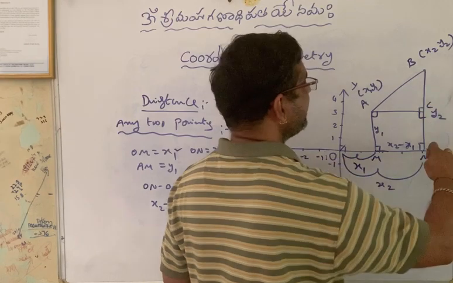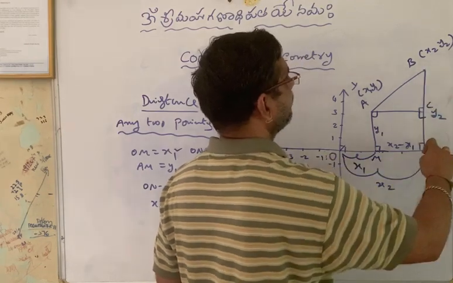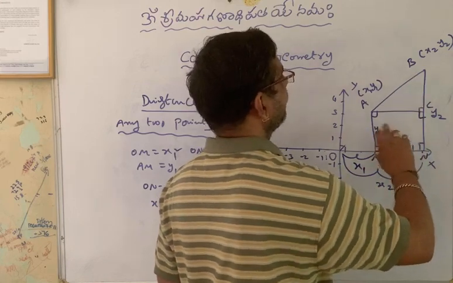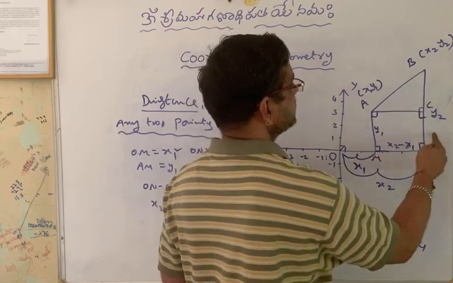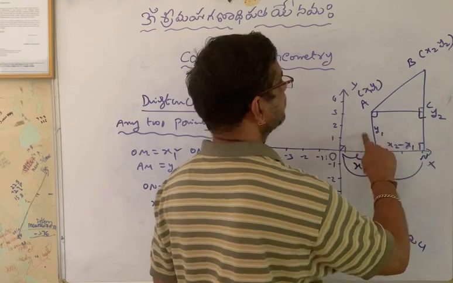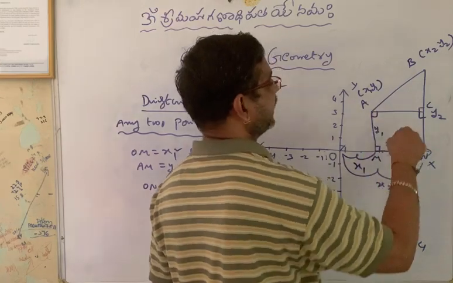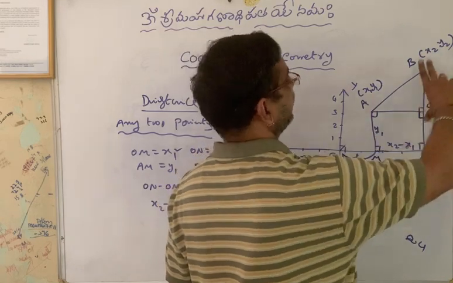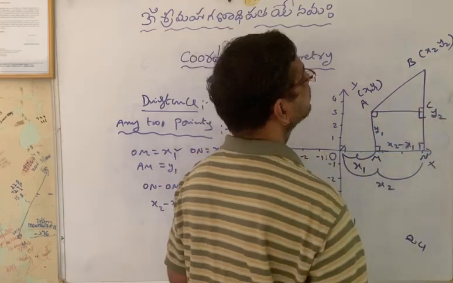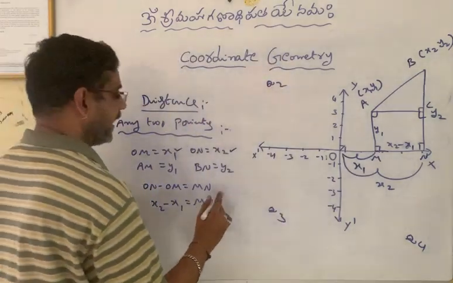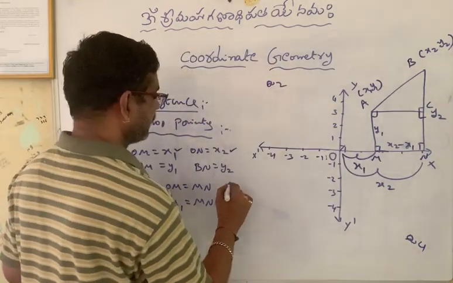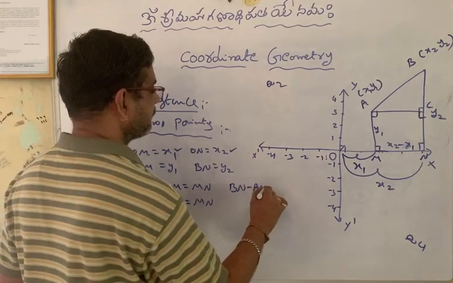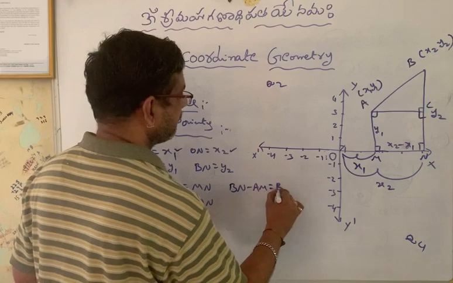Now we know BN and we know AM. And if you see here, AM and CN are equal, because AMNC is a rectangle. So AM is y1 units and BN is y2 units. So if we subtract AM from BN, we get BC.